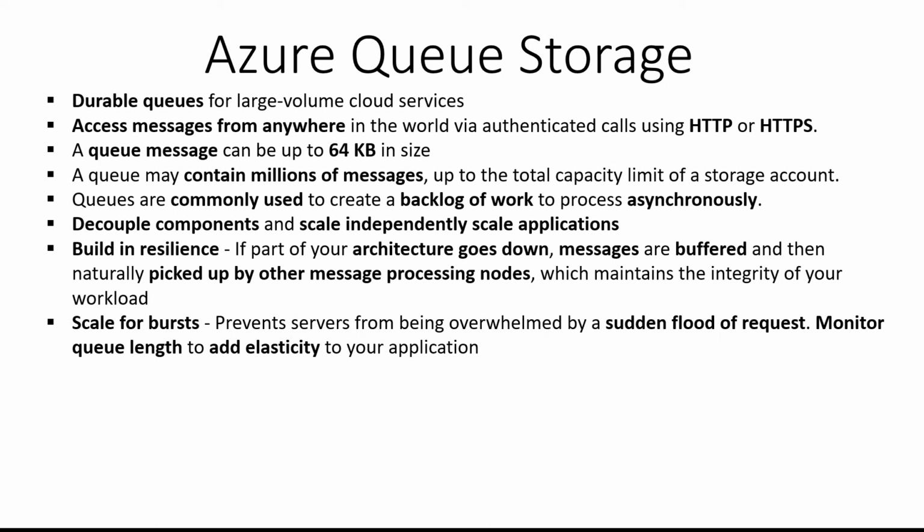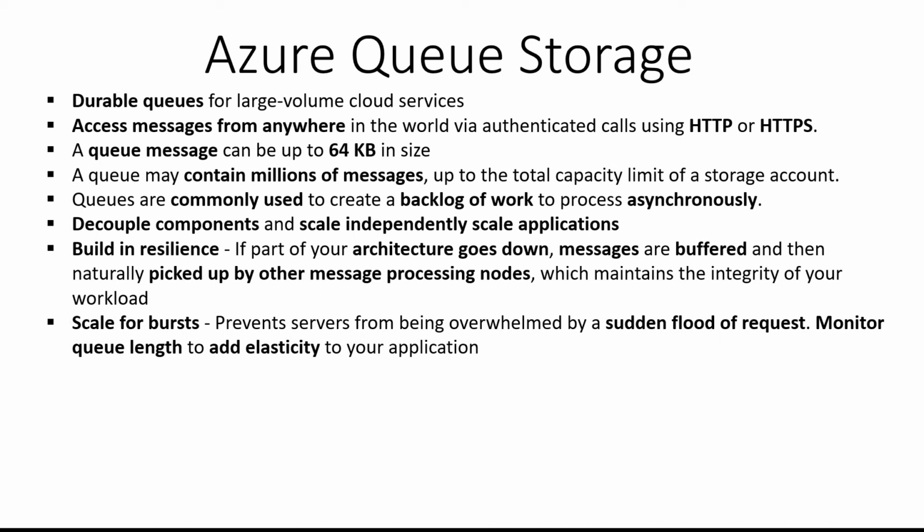You can think of it as a pipe of messages, where every message is queued. On one side of the pipe a sender sends a message, and on the other side a receiver receives the messages from the pipe in first in, first out pattern. That is what this queue storage is. This pipe is what we call queue storage here.